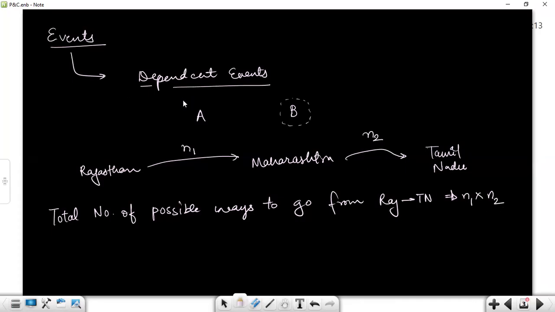So in case of dependent events, if there are N1 ways for the A event and N2 ways for the B event, then the numbers of ways are going to get multiplied, and that's going to be the answer for the total number of ways. Is that clear, everyone? Yes, sir. And it's not only that B has to be dependent on A. It can be written otherwise also, and still the number of ways will get multiplied.